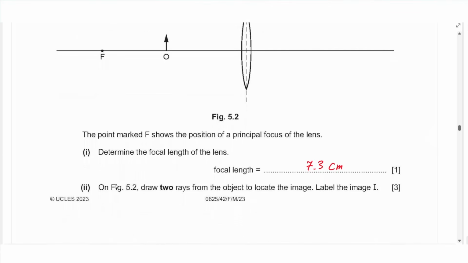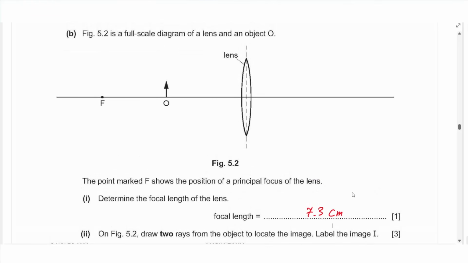Next, it says, on figure 5.2, draw 2 rays from the object to locate the image, label the image I. First, we have 3 types of rays. One which is parallel to the principal axis, the horizontal long line is the principal axis, and then it goes to the focal point on the other side.